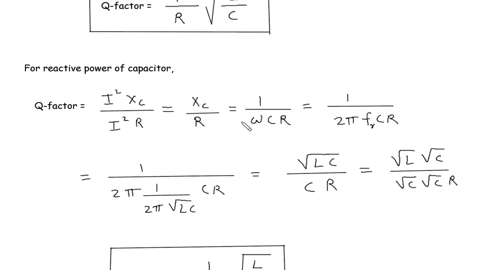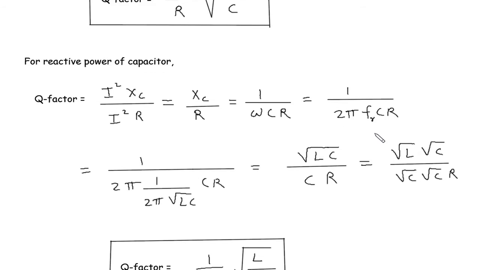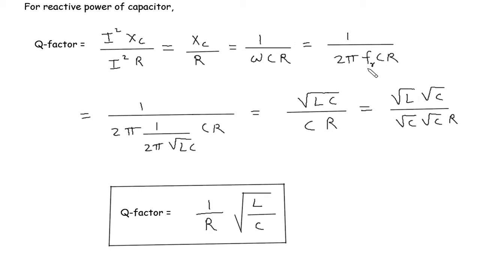So this is equal to, now this XC is equal to 1 upon omega C, and this R as it is. Again this omega can be replaced by 2 pi Fr, and this resonant frequency is 1 upon 2 pi under root LC. Now if we simplify this, 2 pi will get cancelled, and this under root of LC will go in the numerator.